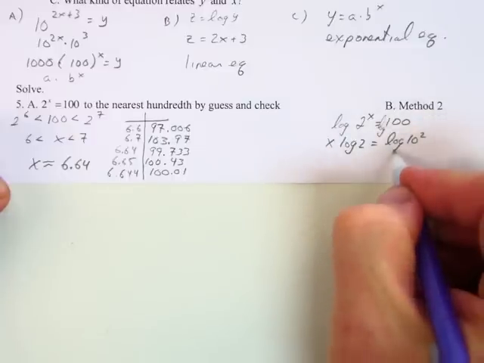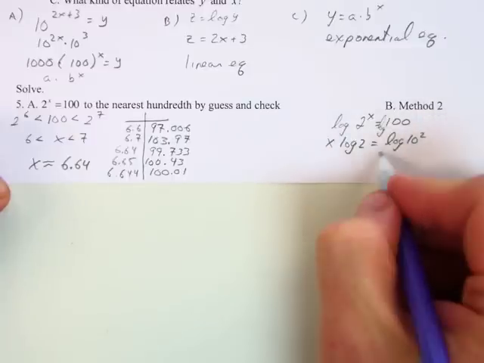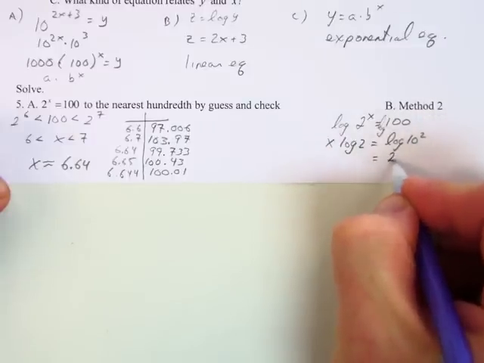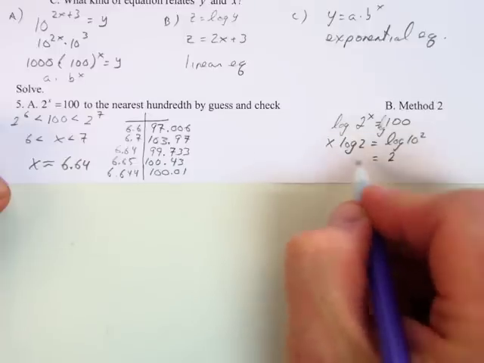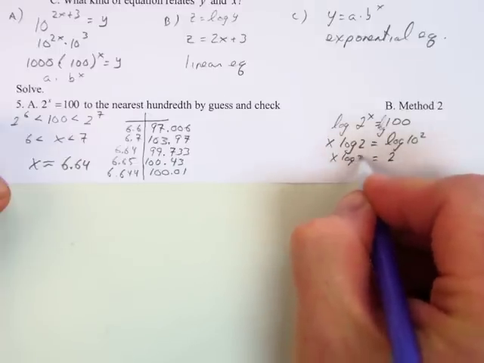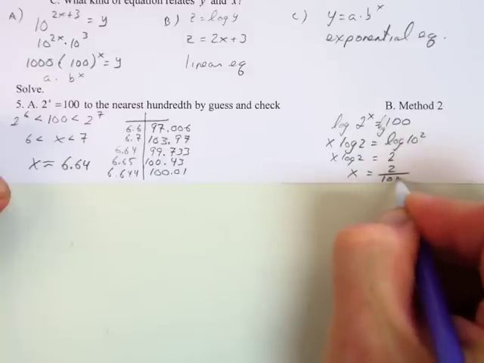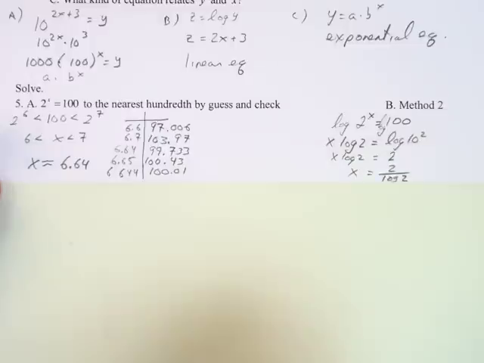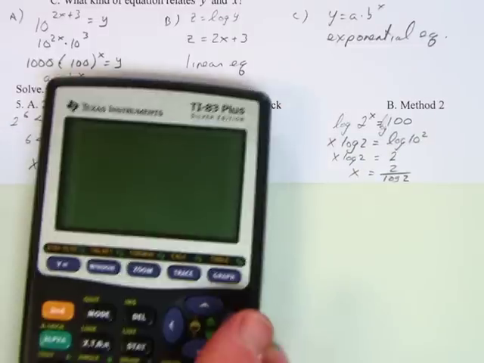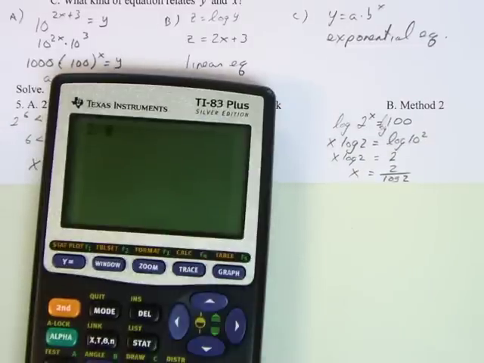Now, why am I doing that? Because now they have the same base, and that's just going to give us 2 in this particular problem. So we have x log 2 equals 2, so x equals 2 divided by the log of 2. And you can take out your calculator and type that in, 2 divided by log 2.